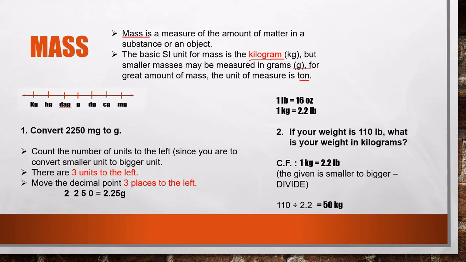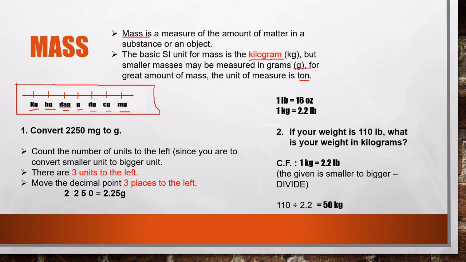Now, how are we going to convert measures of mass? We need to use again the metric converter. But this time, the basic unit is gram. So, that is kilogram, hectogram, decagram, gram, decigram, centigram, and milligram.